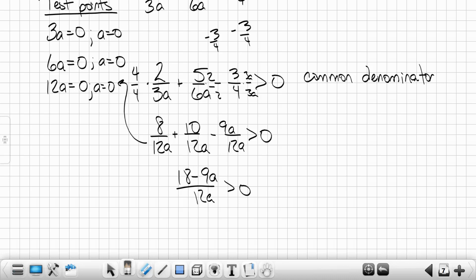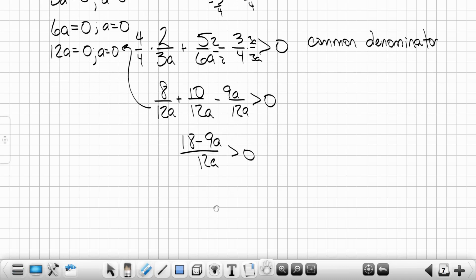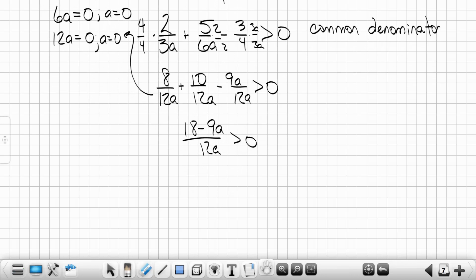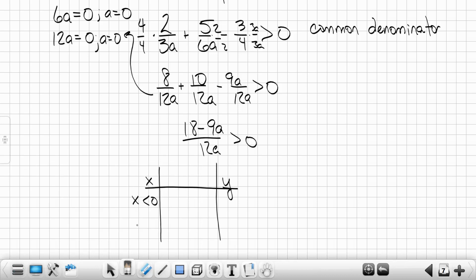So now we're going to build that chart, but we only have one test point. Our test point is 0. So we're just going to check to the left of 0 and to the right of 0. X is less than 0.